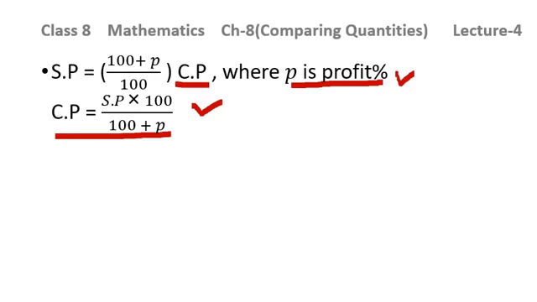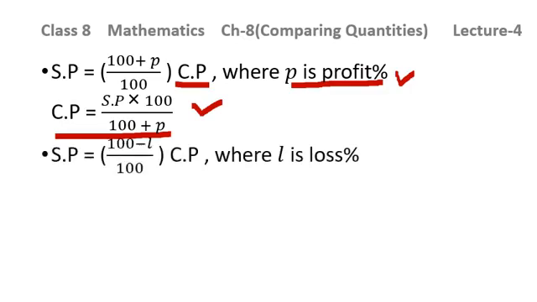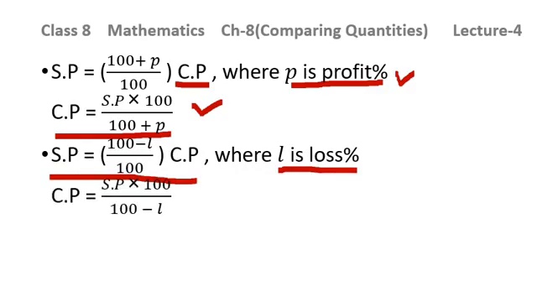Now if I need to write the formula in terms of SP, CP and loss percent, then here L is loss percent, so it will be SP is equal to 100 minus loss percent over 100 into CP. And then in terms of CP, it will be SP into 100 over 100 minus loss percent. Simple as this.